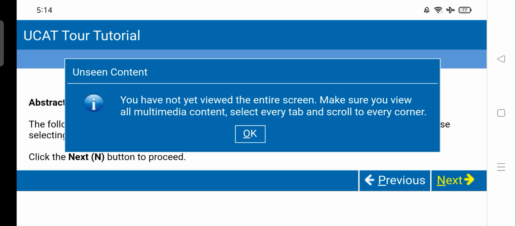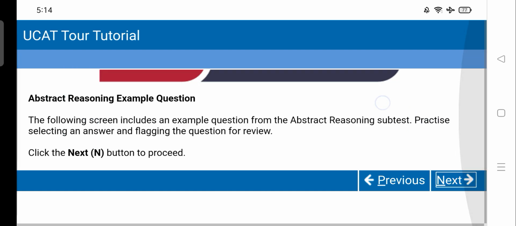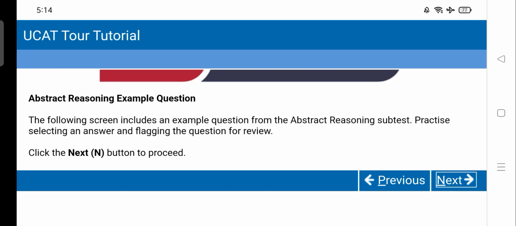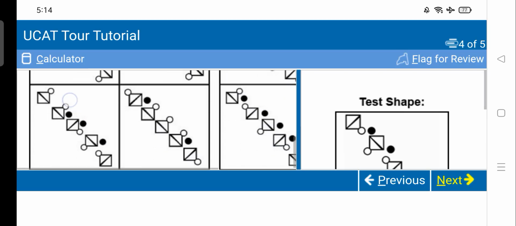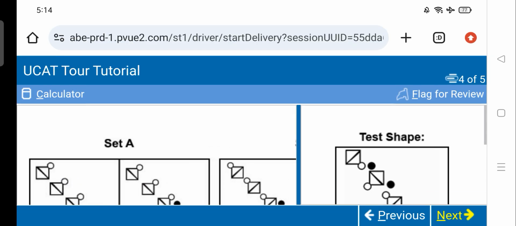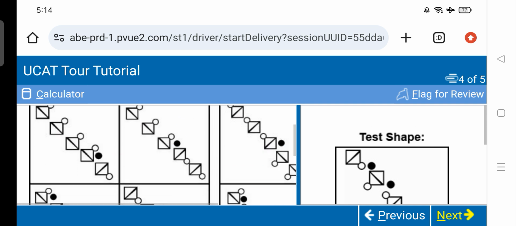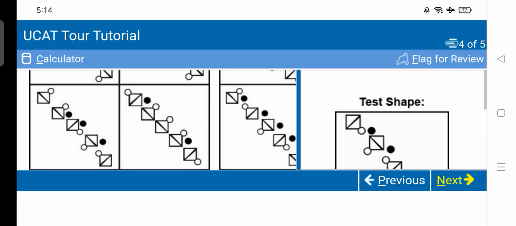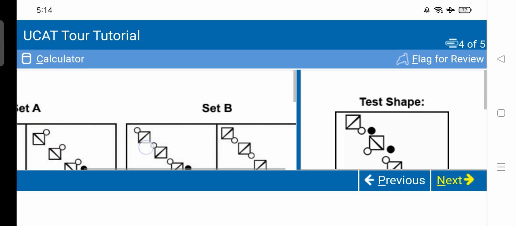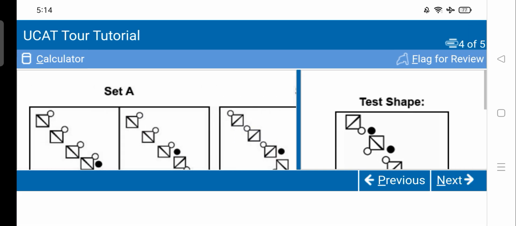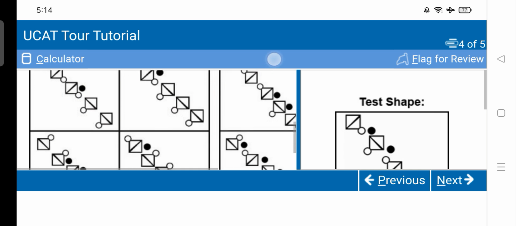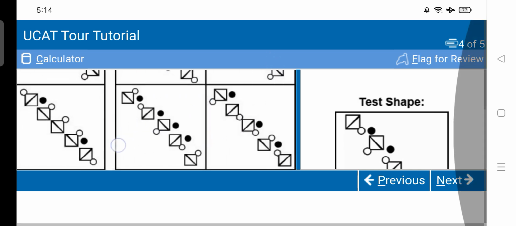Now we have an example question for the abstract reasoning, which is in the form of some shapes like this. So this set A is given like this, and then we have the set B. 2 sets are given and you have to memorize these shapes of each set.